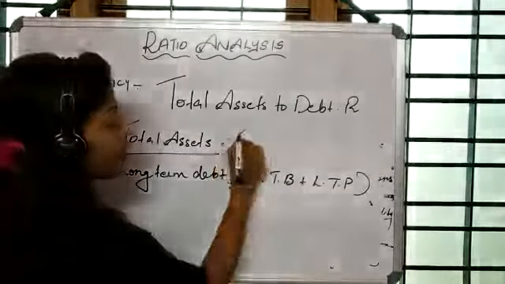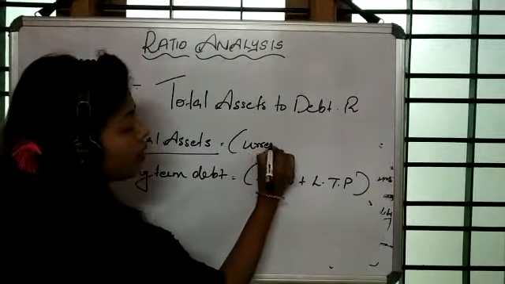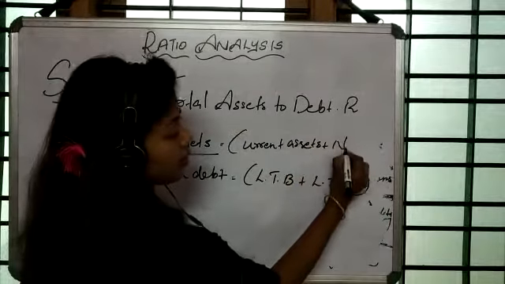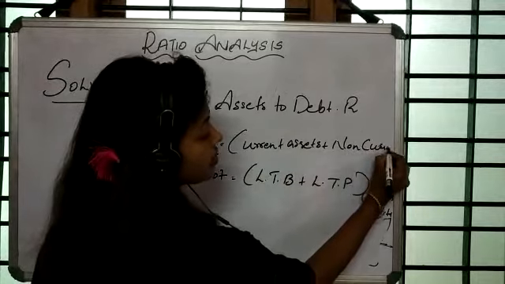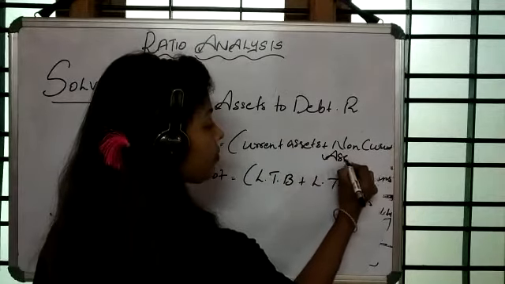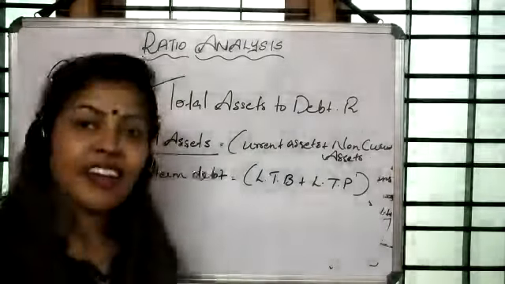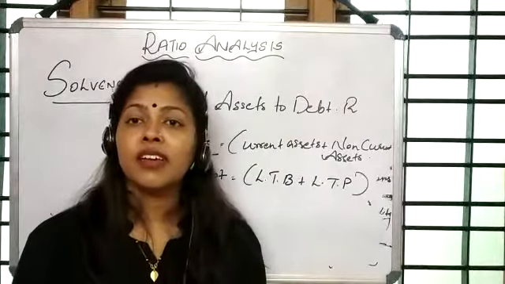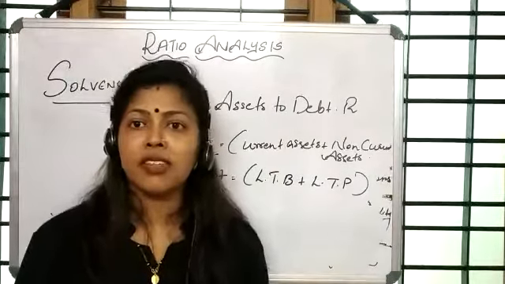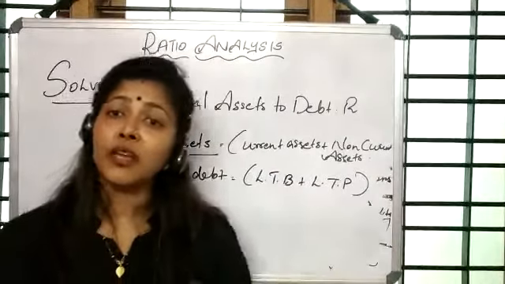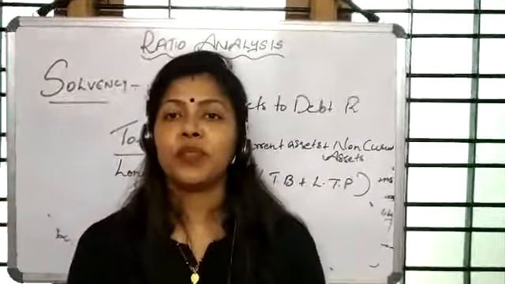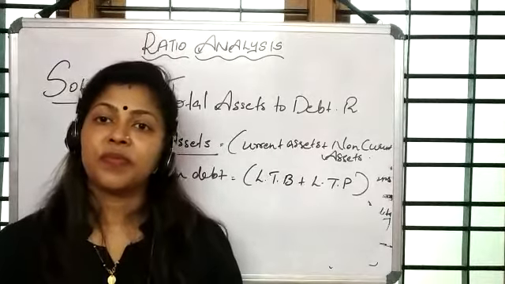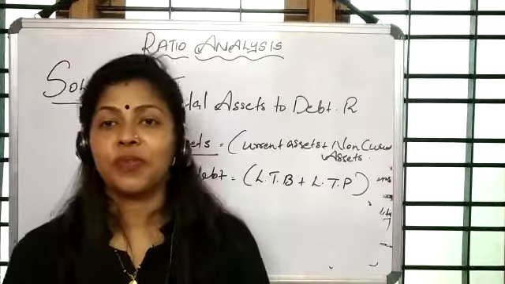Total assets is equal to current assets plus non-current assets. Current assets include stock, prepaid expense, bills receivable, debtors. What is non-current assets? Fixed assets, that is, it includes tangible as well as intangible. Fixed assets, goodwill, patents, trademarks and so on.